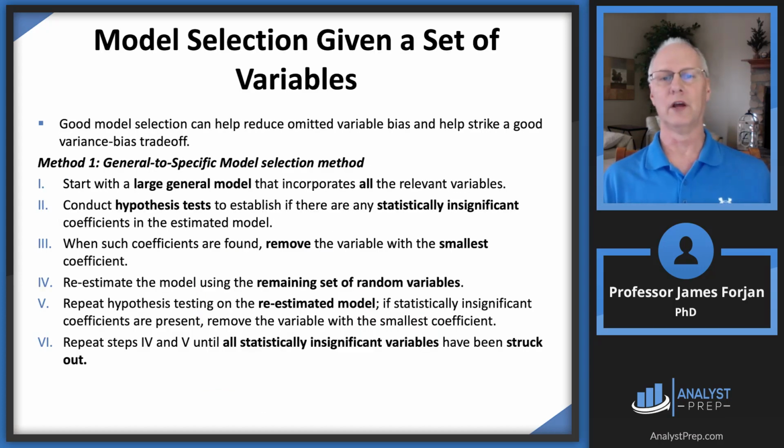Now, of course, there are some formal ways to try to come up with the best model. So method 1, general to specific model selection method. This is when you start with a large general model that incorporates all the relevant variables.